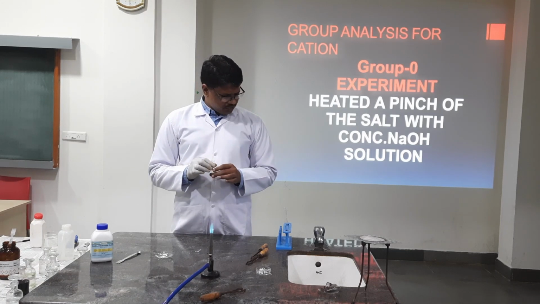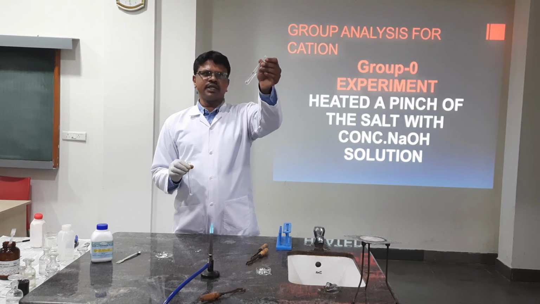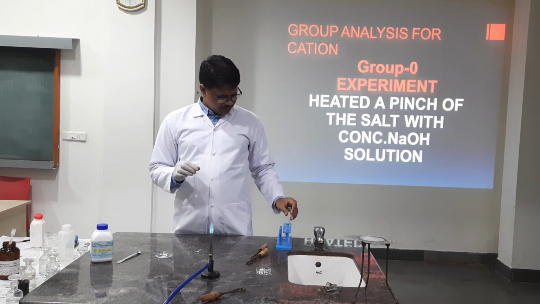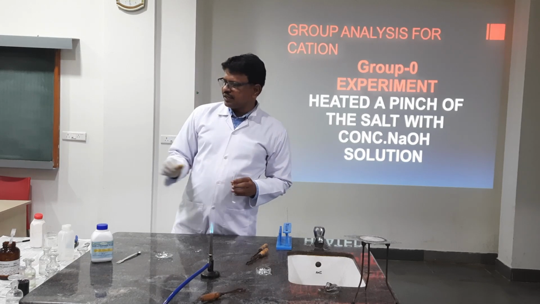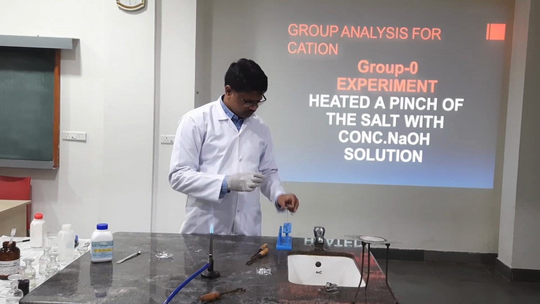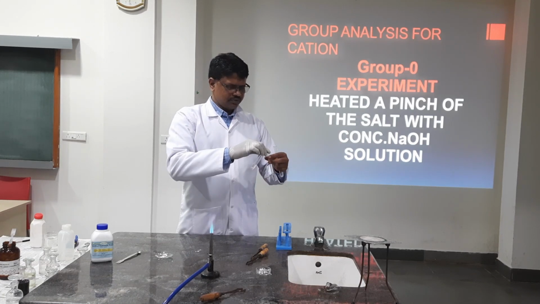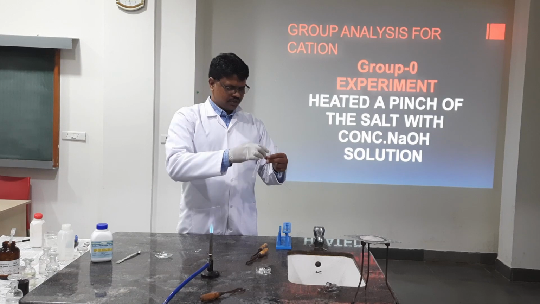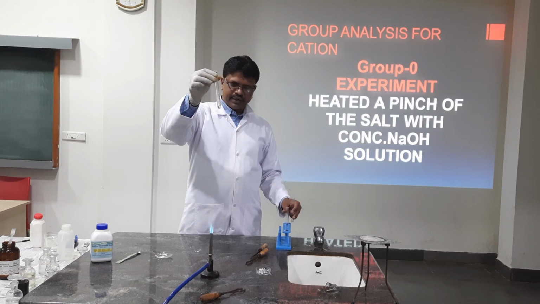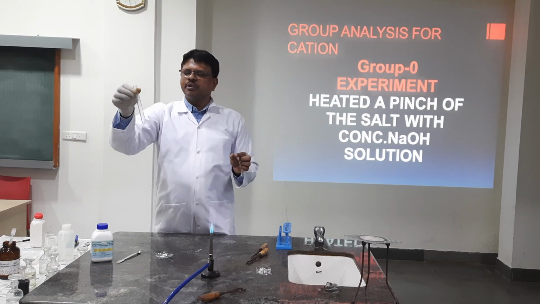Now for group 0, what is to be done? This is the OS. From this OS, I will take a small amount into this test tube. Then to this, I am going to add concentrated sodium hydroxide.